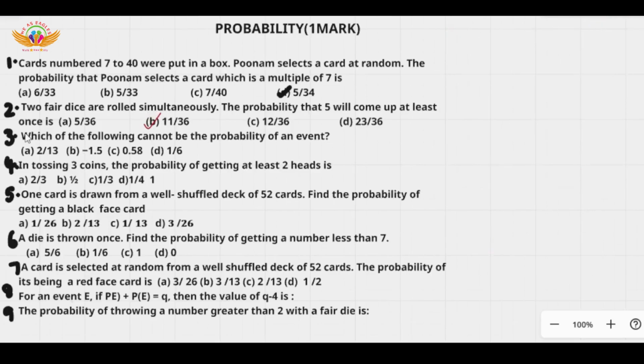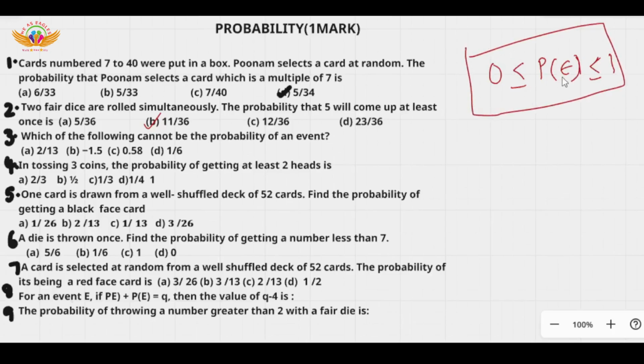Let us go to the third question. Which of the following cannot be the probability of an event? Always remember, the probability of an event will always be in this form: 0 is less than or equal to the probability of an event, which is less than or equal to 1. You have to remember this.